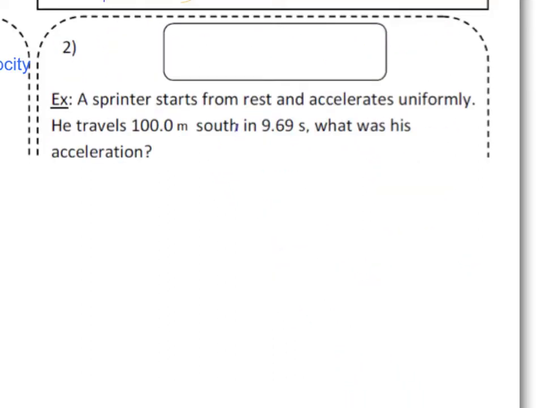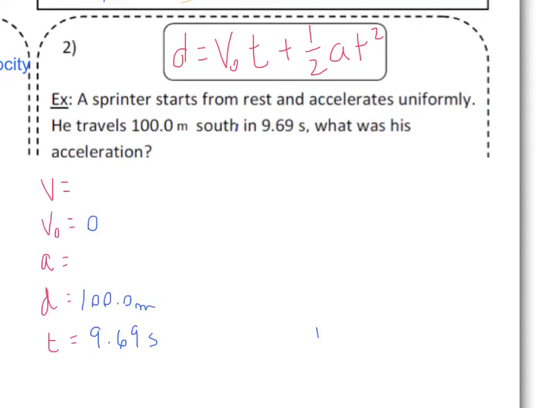The next equation that could be used for uniform motion is d equals vot plus 1/2 at squared. Alright, so let's look at this question. A sprinter starts from rest and accelerates uniformly, travels 100 meters south in 9.69 seconds. What was his acceleration? Okay, let's define our variables. Since we start from rest, our v initial is 0, our distance is 100, and our t is 9.69 seconds.